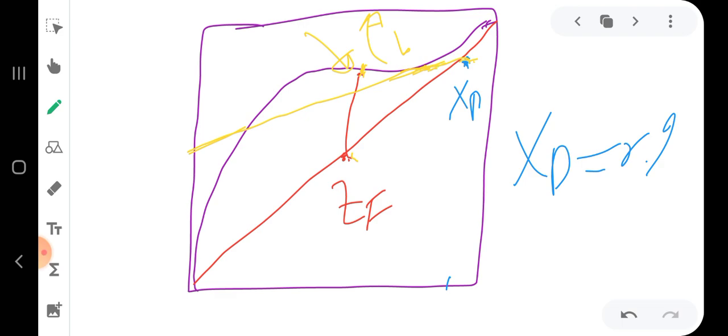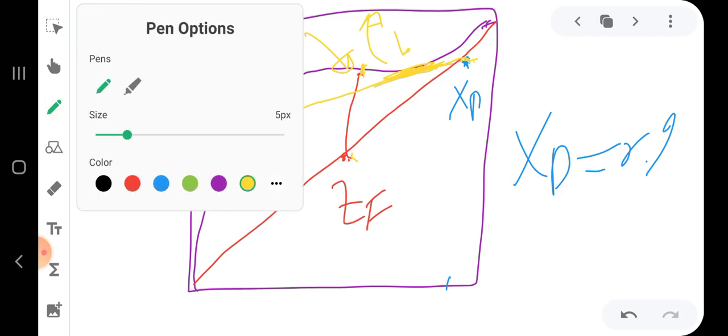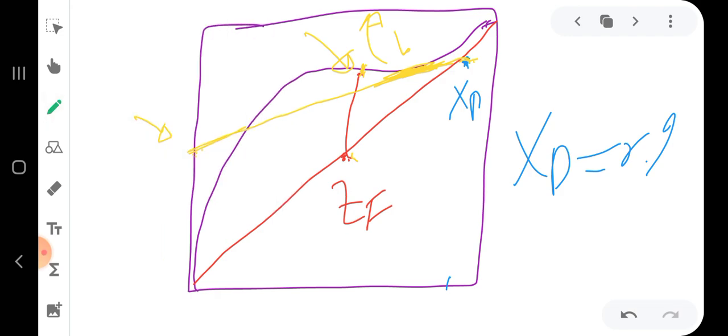Because it touched this equilibrium curve, it's fine. This will determine the R minimum at this intercept. Why? If we try to draw the stages again, we will get stuck at this touch point, so we will need infinite stages. In other words, we have the minimum reflux ratio at this condition.